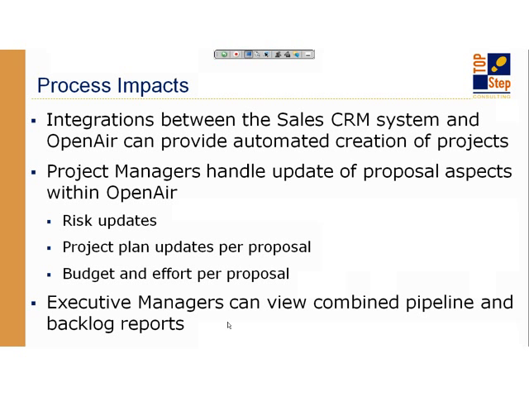And by actually selecting what kind of services opportunity it may be, the integration then can actually reference the right template to auto-create that project. So it would save some setup within the OpenAir system according to what you've set up as far as the integration is concerned. And then project managers, of course, would be responsible for updating any critical items such as dates and budget values that may not have come across from the integration.